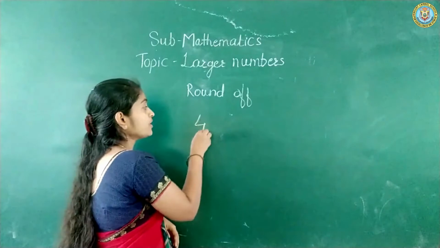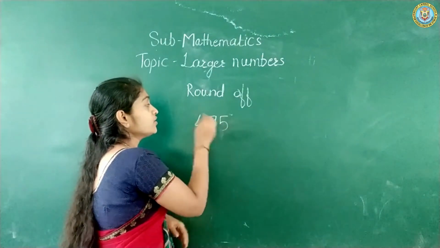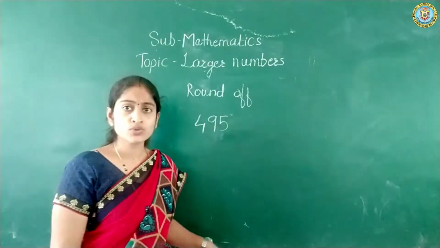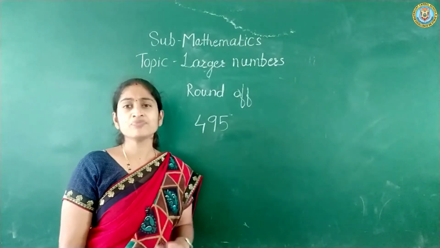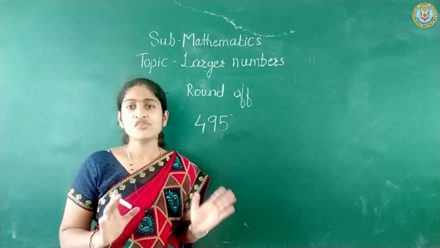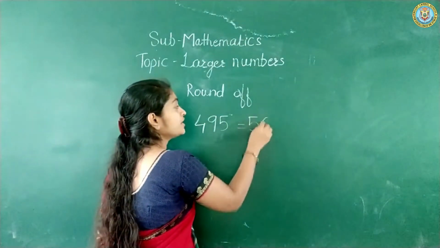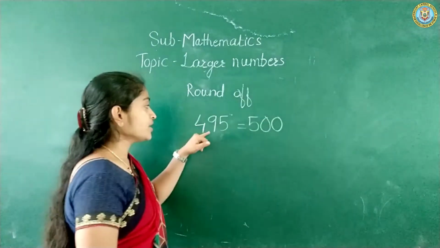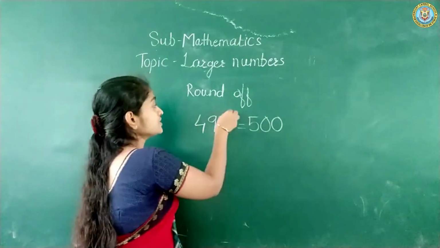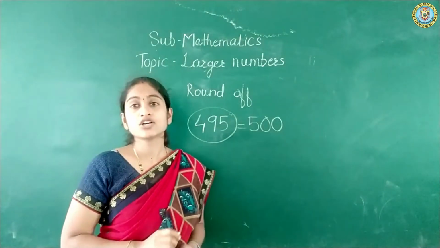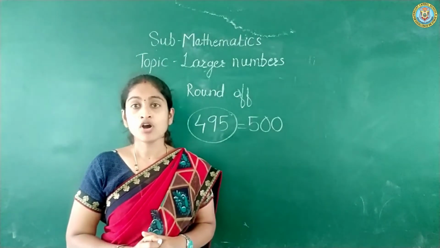So the actual number of people is 495, but when we look at the image, we can say they are around 500 people. Making this 500 means we are doing the rounding off of this number. This is the concept of rounding off.